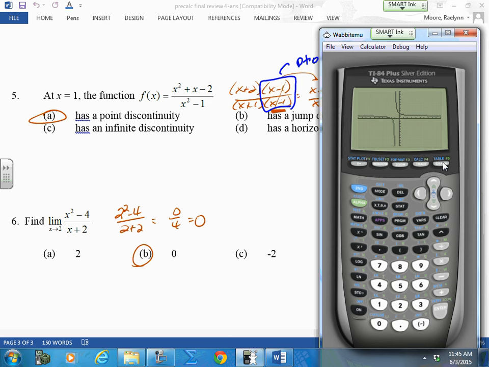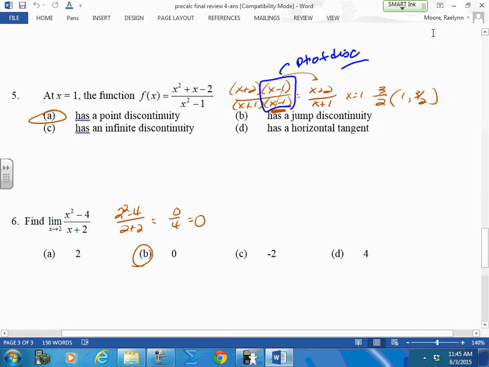No. But you have a point of discontinuity because you can't see it there. It would be at your 1, because that's where your domain restriction is. Over here where x is 1, you really can't see it, so that's your removable point. Horizontal asymptote, that would be your y equals 0. And we call this without bounds. So we can tell from that.